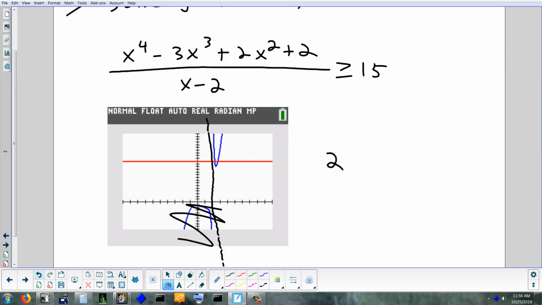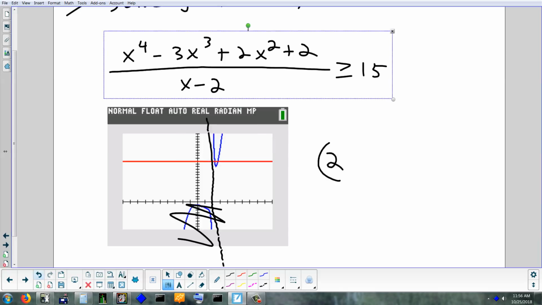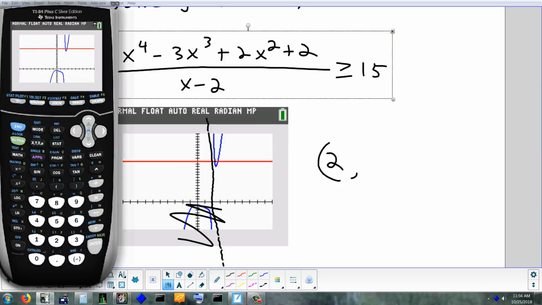Can I include 2 or not include 2? I can include it? So if I plug it in for x, I'll be okay? No. It would cause me to divide by 0. So I can't actually use 2. But I'm going to go from 2 up to right there. I just need to see where they cross.